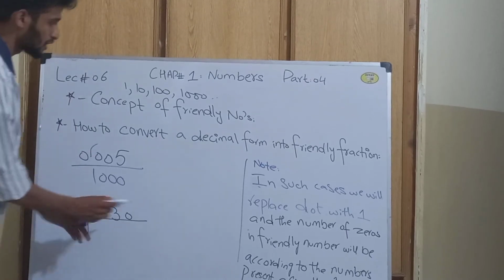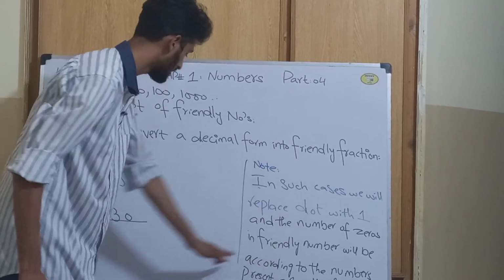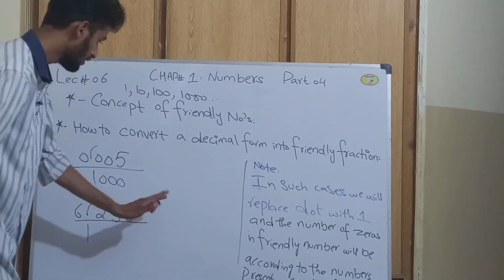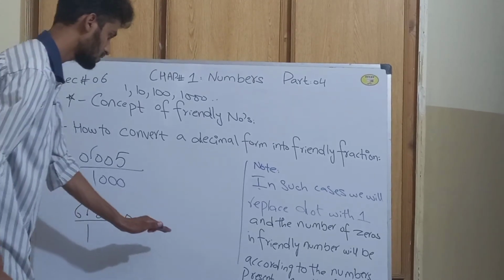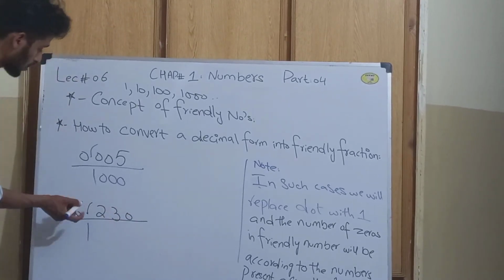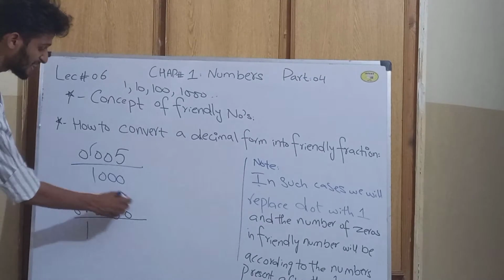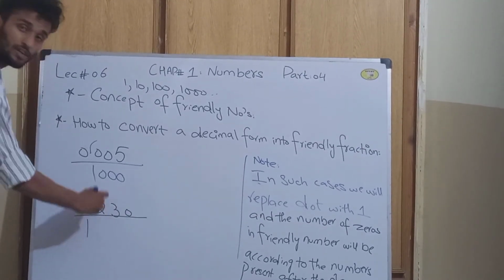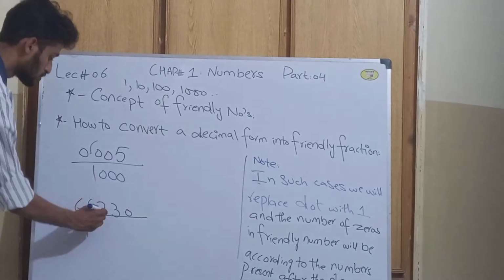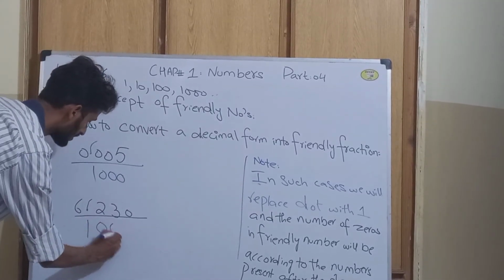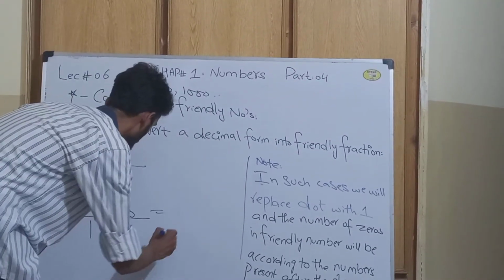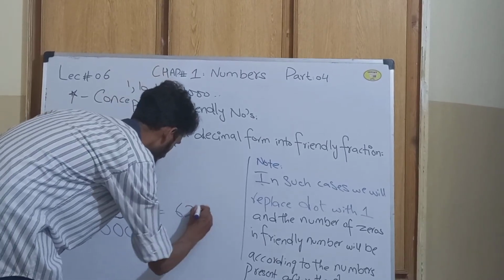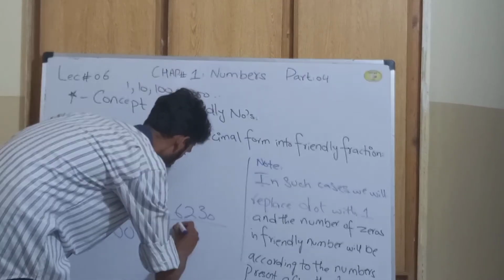And the number of zeros in friendly number will be according to the numbers present after the decimal. There are 3 digits, 1, 2, 3. In this number we have 3 digits after the decimal, so we will have 3 zeros in this friendly number. So our answer will be 6230 divided by 1000.